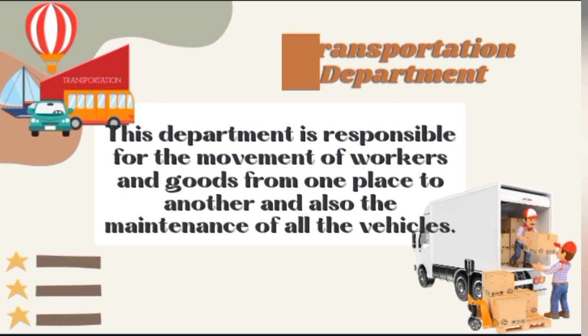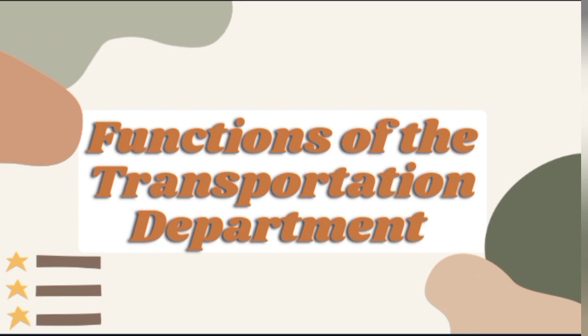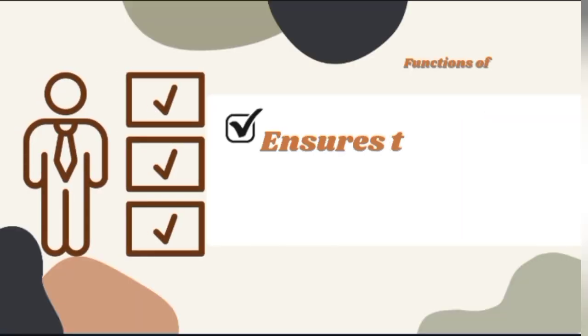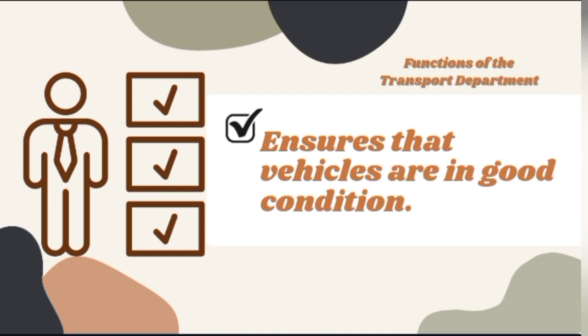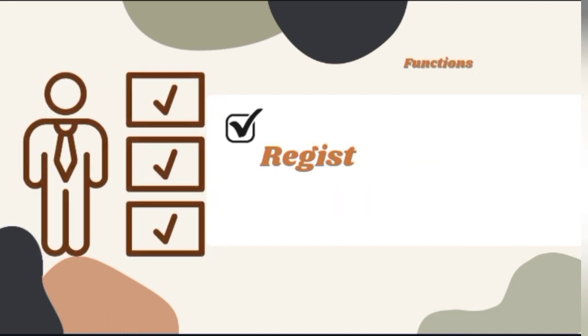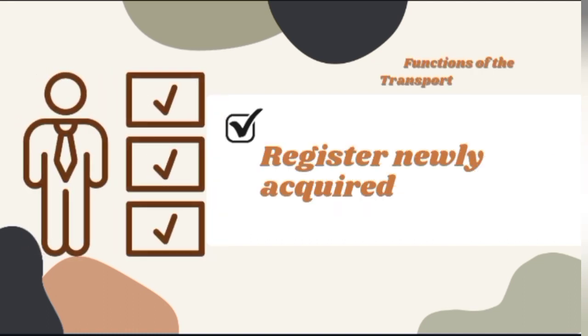Let's look at some of the functions of the transportation department. The transportation department ensures that vehicles are in good condition. They maintain and take care of the organization's vehicles. Number two is that they register newly acquired vehicles. Registering them means getting their plate numbers, making sure that the papers of that vehicle are complete.